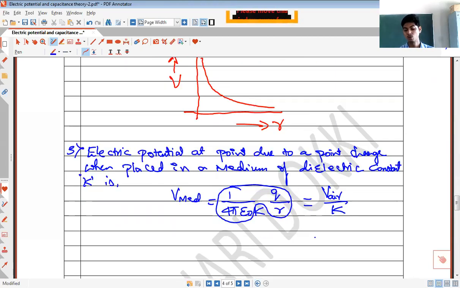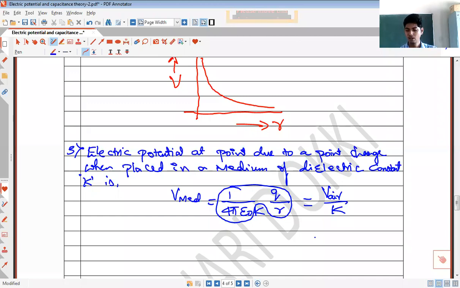And I have told you, electric potential is a scalar quantity. And while evaluating potentials, you must take into account the sign of the charge, right?